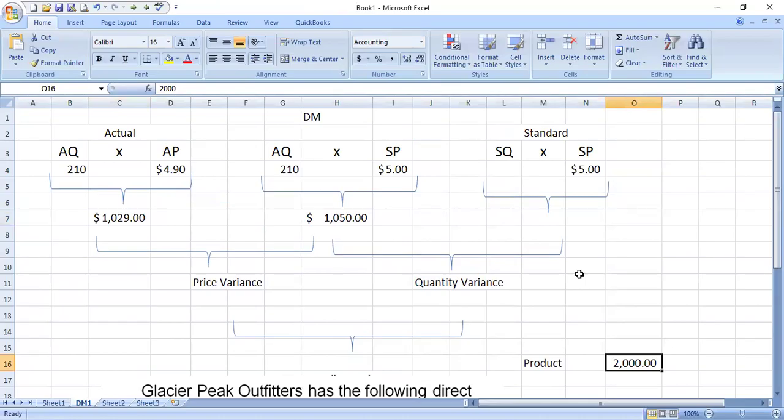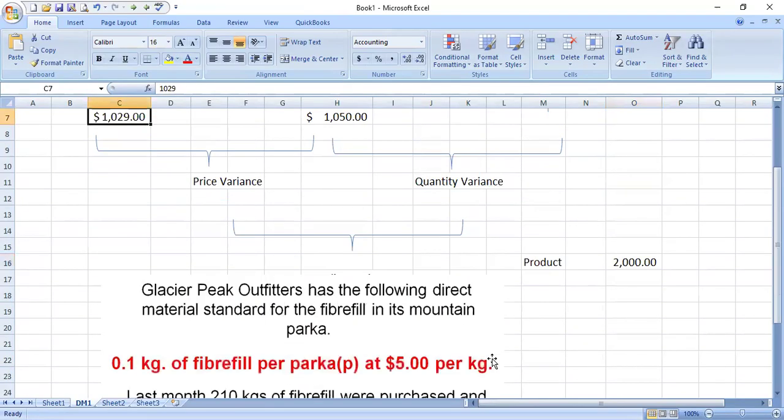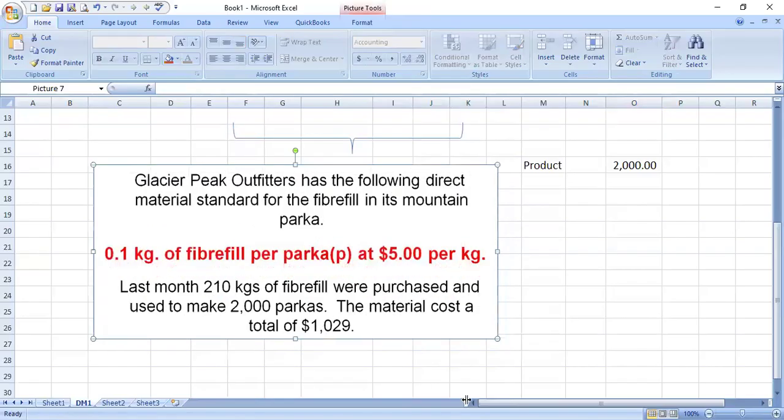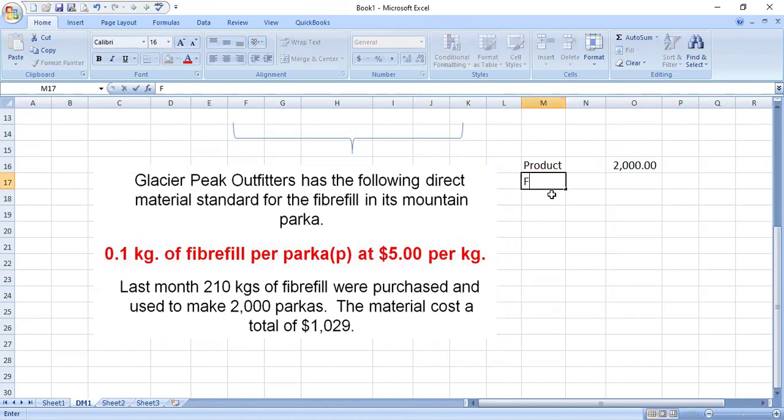So now I have to find out for those 2,000 products which drive that cost, based on my standards, how much material I'm supposed to use. Do I have information here? How much material am I using for 1 unit? 0.1 kilogram. That's correct. For 1 unit, I'm using 0.1 kilogram.